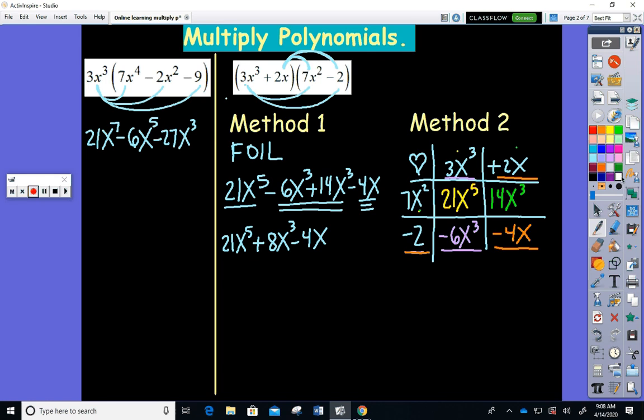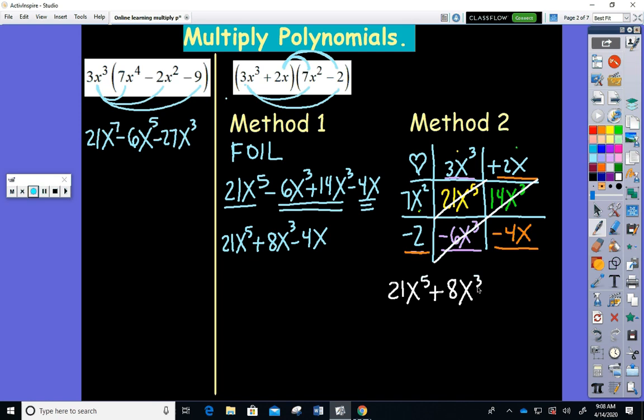Now what you're going to do is use diagonals. So your final answer is going to come from you combining the colored stuff. So if I go up this diagonal, 21x to the fifth is the only thing I can put together. On the next diagonal, I've got negative 6x cubed and positive 14x cubed, which is positive 8x cubed.